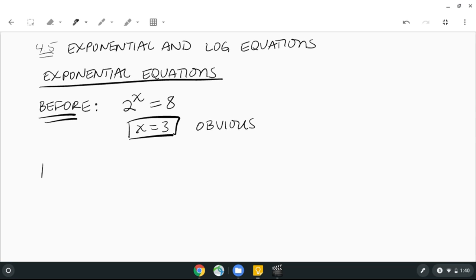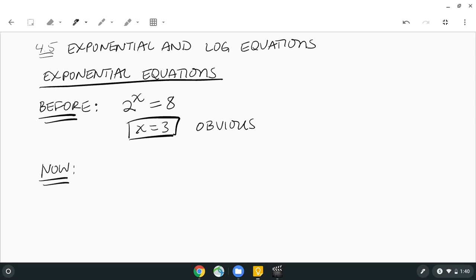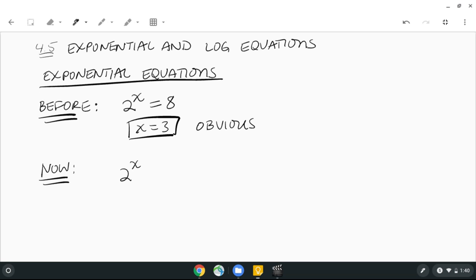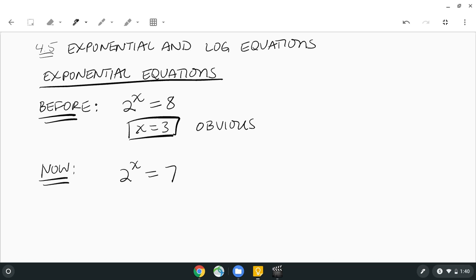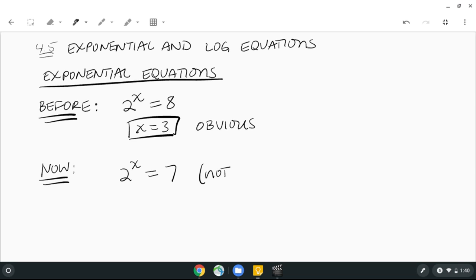Okay, so now what's going to happen is we're going to have exponential equations that we need to solve that are not so obvious. So even something that looks simple like this, 2 to the x equals 7, is not so obvious. We see here that if we try x equals 2, that's too small.